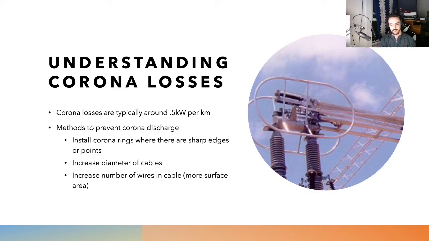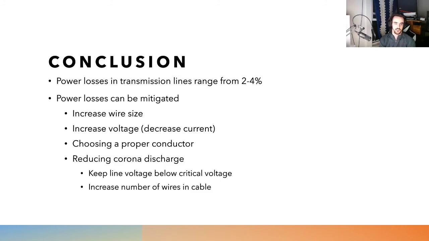And you can also increase the number of wires in the cable, which increases the surface area of the cable, which will also make the cable less susceptible to corona discharge. So, in conclusion, power losses in transmission lines are normally around 2 to 4% if constructed well and engineered well.